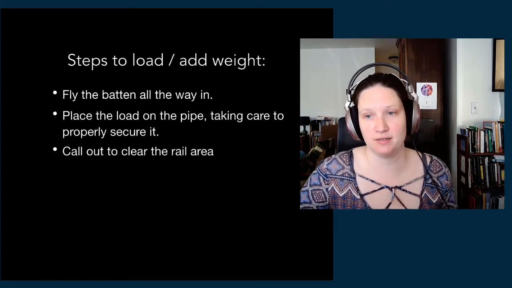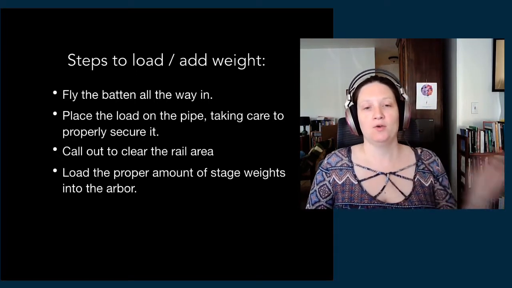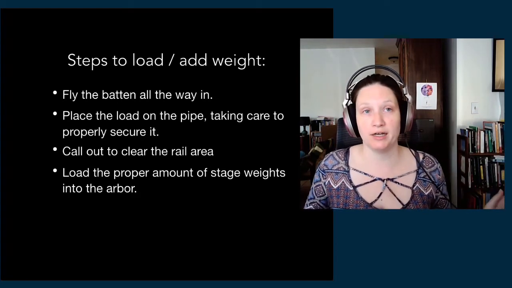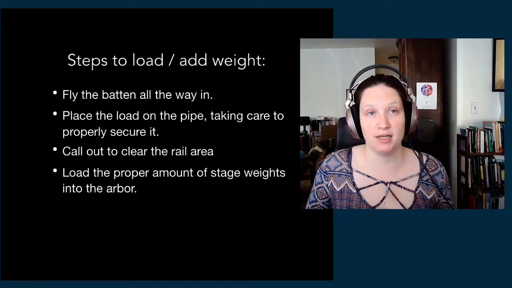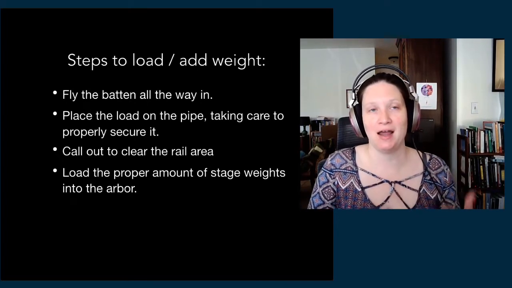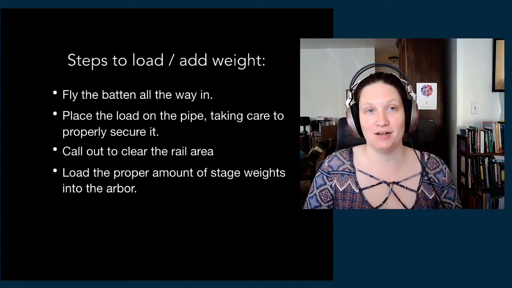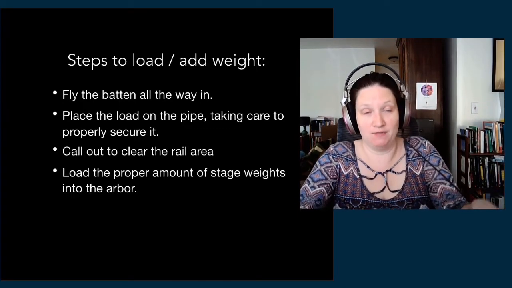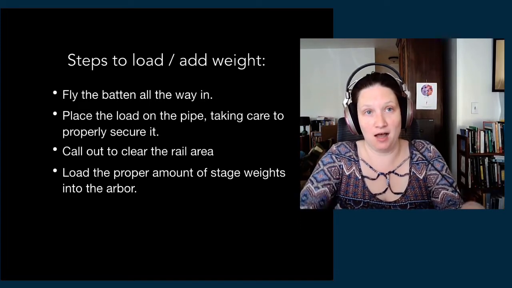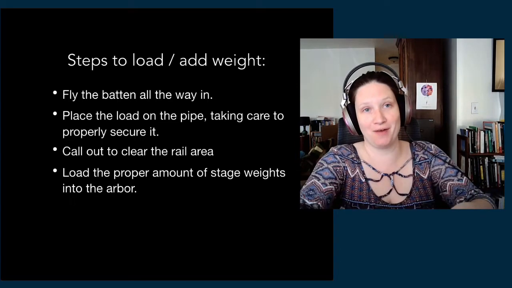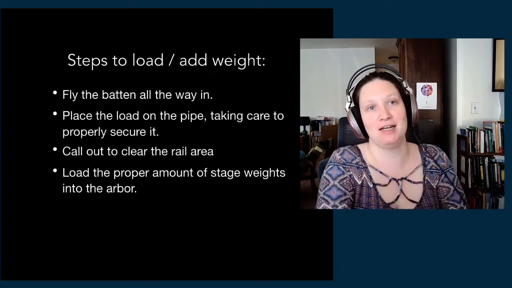this line set, okay? Then we have someone up in the loading gallery. So this is once we're all clear from that area. And the reason for that is as you're loading weight, as you're adding weight to that arbor, at some point, whoever the person loading the weight is holding 20 or 50 pounds in the form of a very heavy metal brick over the edge of a railing in order to seat it onto that arbor.